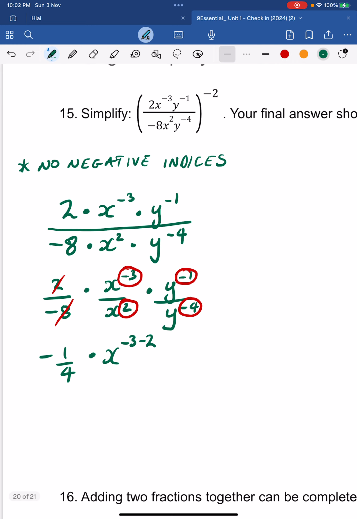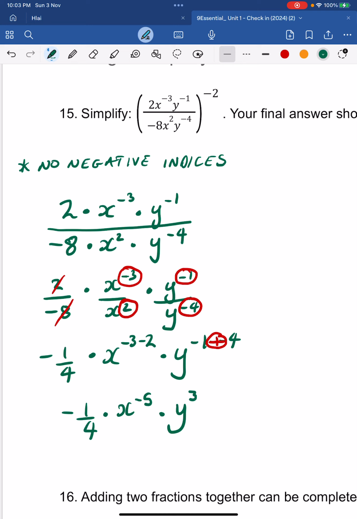So we take care here. And so finally we've got -1/4 times by x to the -5, and that's times by y to the -1 subtract -4. Be careful here, the negative then turns into a plus. And so we've got y to the -1 plus 4, that's y to the 3.